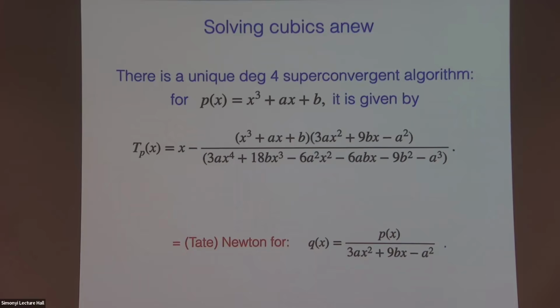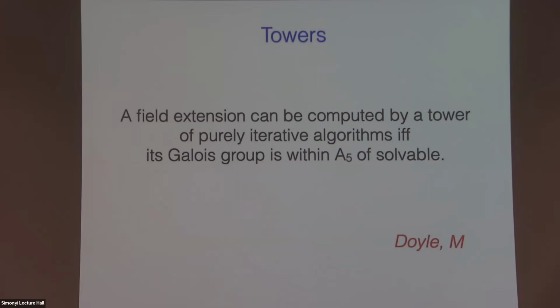And that gives us a domain of, so to speak, algorithmic computation, which is certainly strong enough to solve fourth degree polynomials by the usual formulas. So that's the idea of a tower of algorithms.